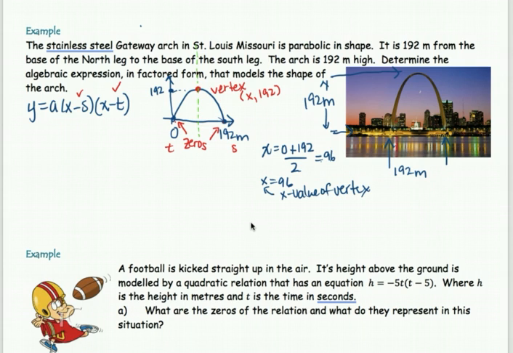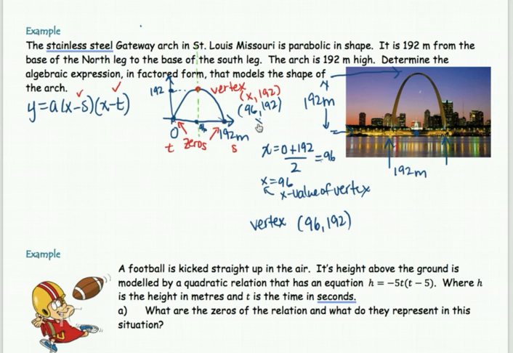So your vertex is 96, 192. It's like if you were walking along down here, right there is 96 meters in. Go another 96 meters, and you'll get to 192 meters. All the way up here is 192. So there's our vertex point: 96, 192.